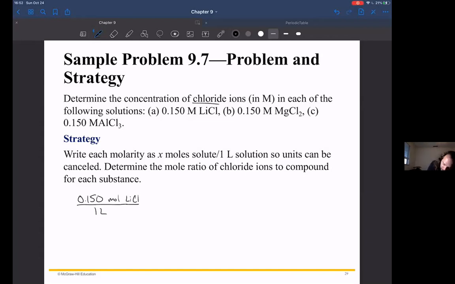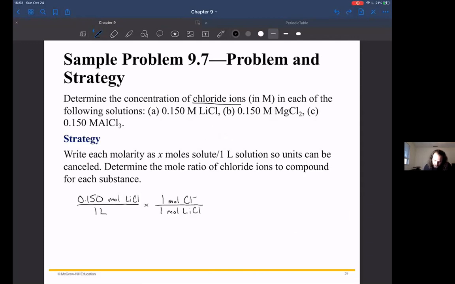So I'm going to figure out the concentration of chloride ions. I'm going to need to include the mole ratio where 1 mole of lithium chloride contains 1 mole of chloride ions. Right? And I can tell that because when I look at the formula lithium chloride, there's no subscript here.